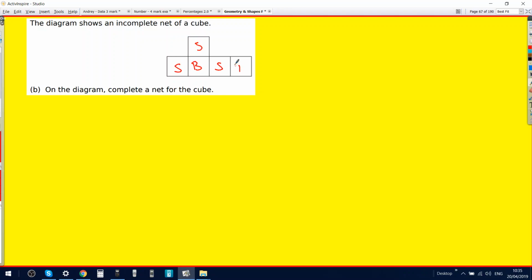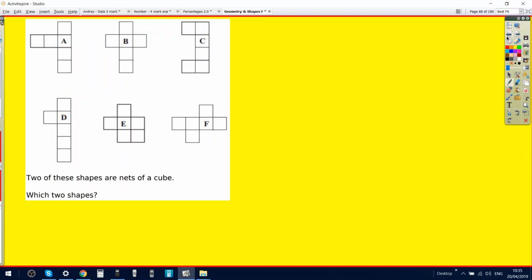This would fold to be the top. And so you would need one more on this side, so that you cover all 4 sides, and then you've got this one on the top. So a net is like it's going to fold in.